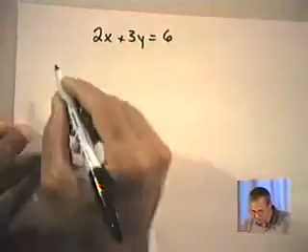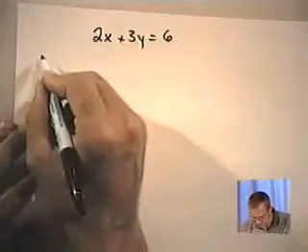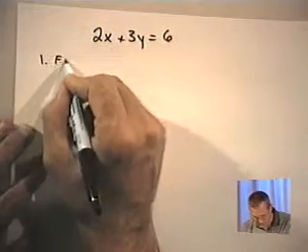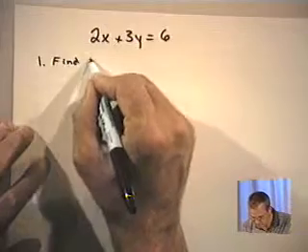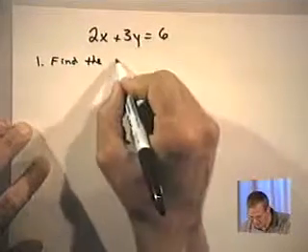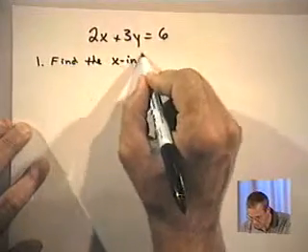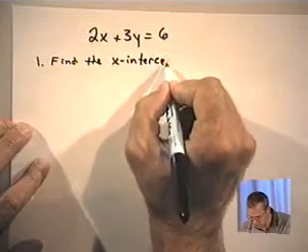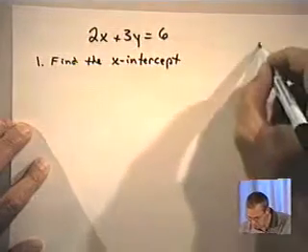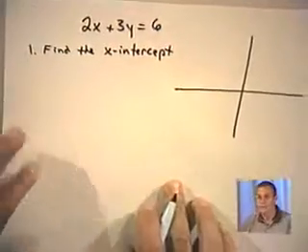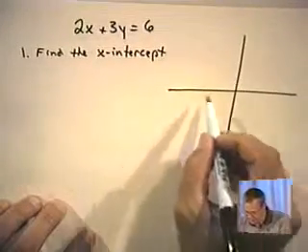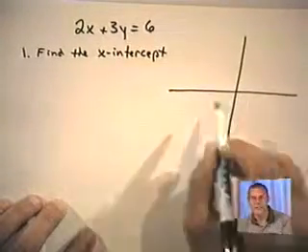Okay, so let's see. Step 1. Let's find the x-intercept. Now the x-intercept must be somewhere on the x-axis.